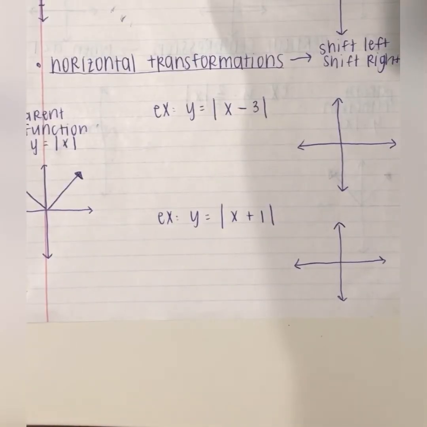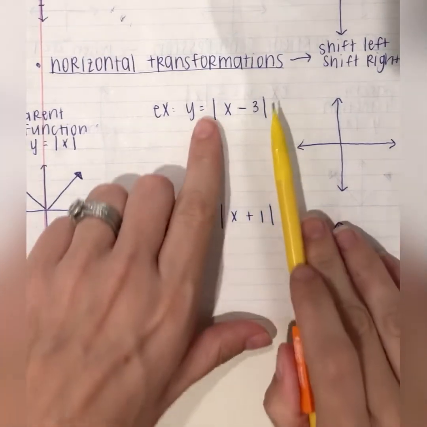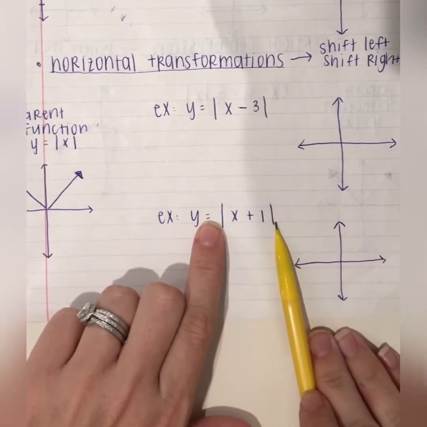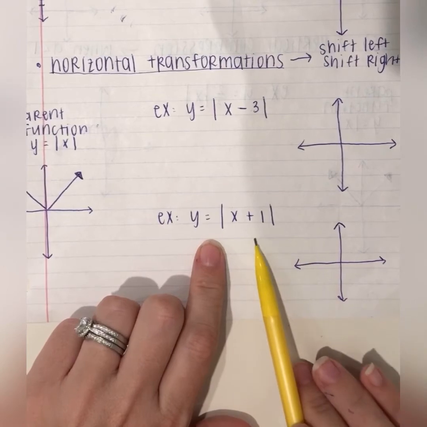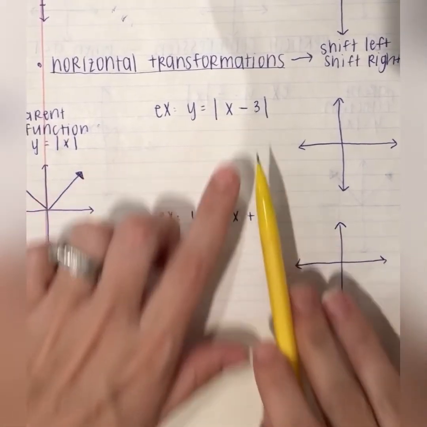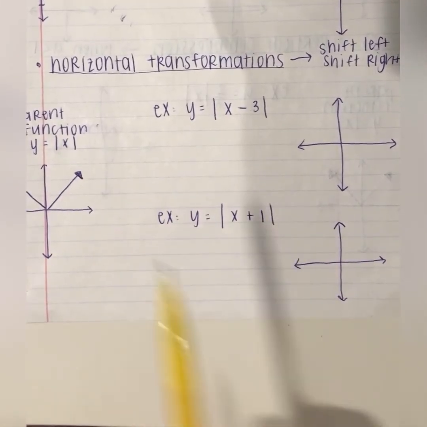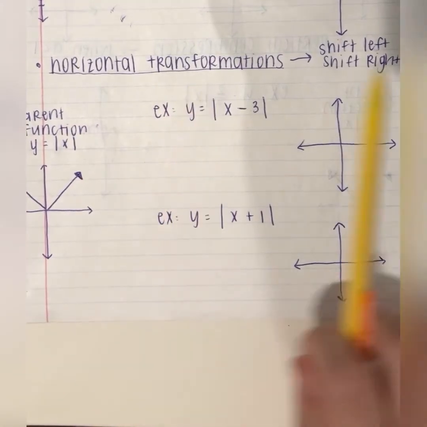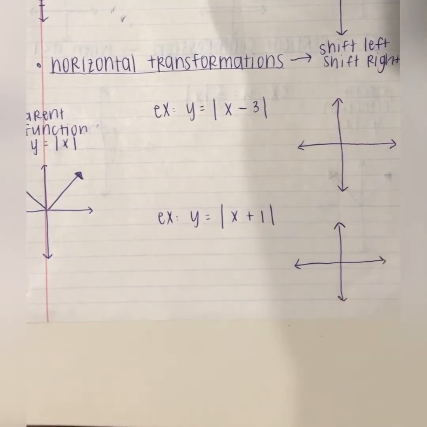All right, and then for our horizontal transformations, the number inside of the absolute value signs that's either added or subtracted to your x, those are going to be our horizontal transformations, which are going to shift us either left or right, okay? So it's opposite of what you would think.